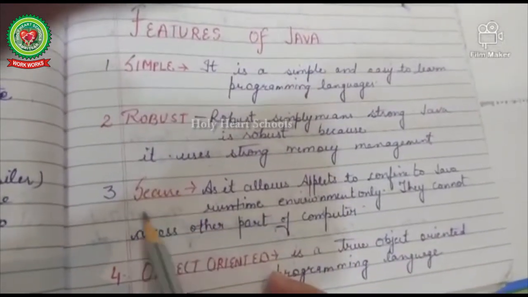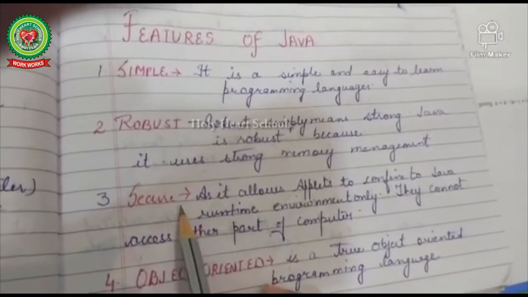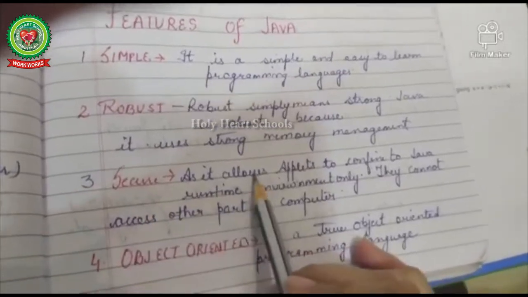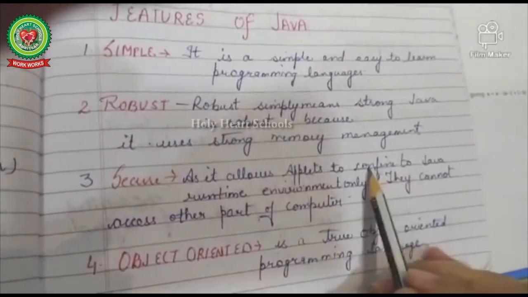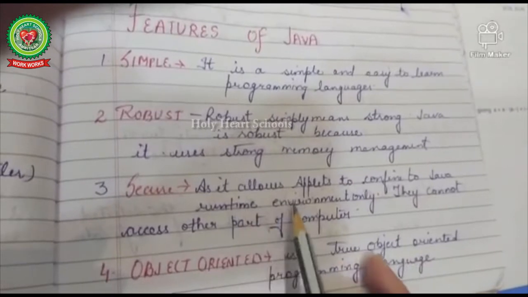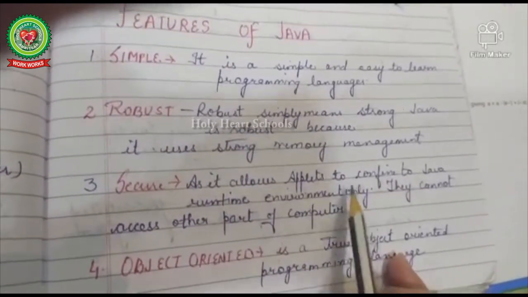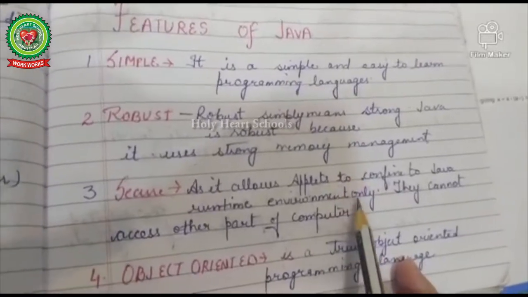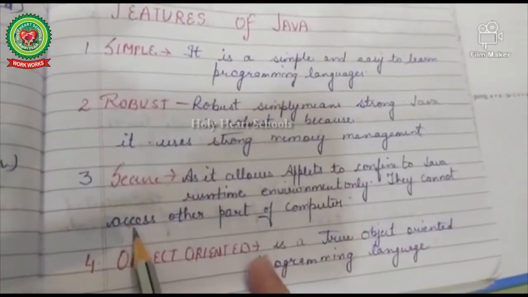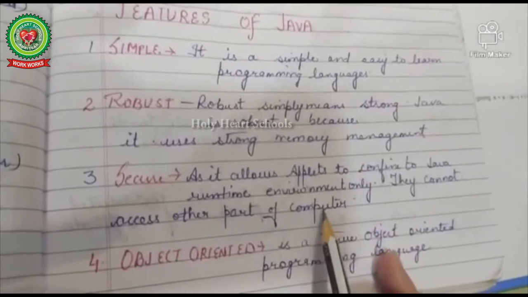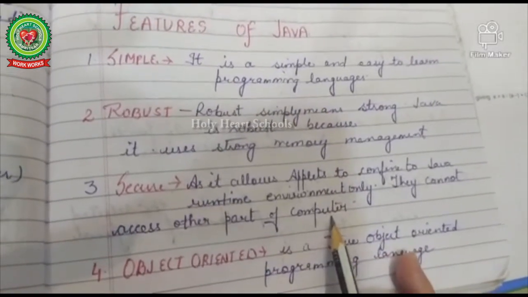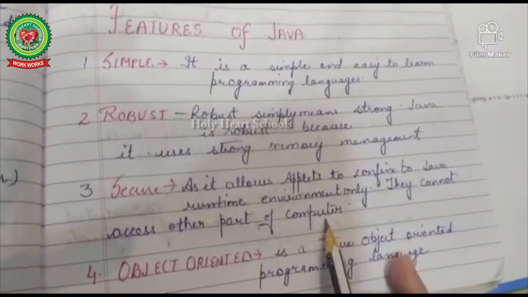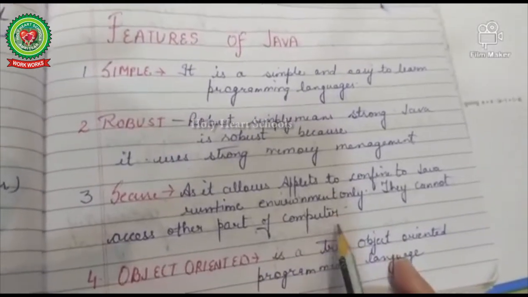Next is secure. This means that Java is a secure language. Why? As it allows the applets to confine to the Java runtime environment only. Means whatever applications we are using or the ads coming on our screen, they cannot access the other parts of the computer. Means in the computer we have some confidential data, like bank account numbers or other data.